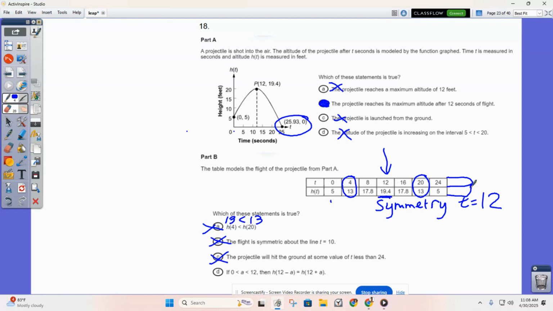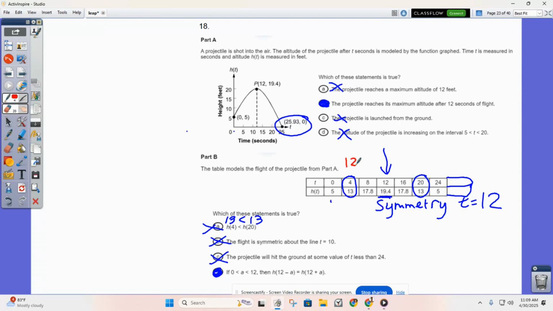Now, what part D is saying, and I don't want it to confuse you, by process of elimination, we know that D is the right answer, but I want you to understand what this means when it says what it says. It's saying that H of 12 minus a number is the same as H of 12 plus a number. Think about this for a second on these two ones.